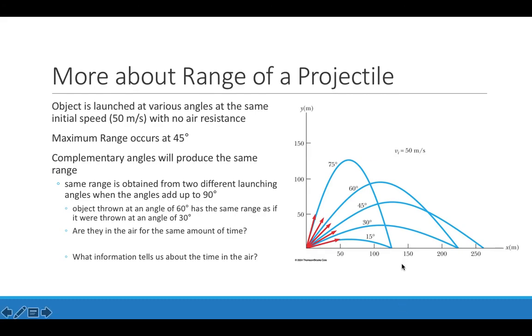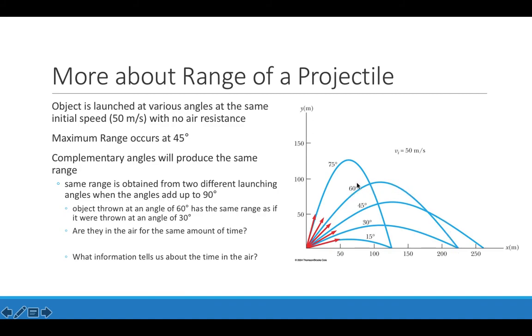The other thing we should notice is that we have two of the projectiles hitting at the same spot right here, and also over here. Let's look at this one, which is a little bit easier. The two projectiles that hit the same spot were the projectile launched at 30 degrees and the one launched at 60 degrees.